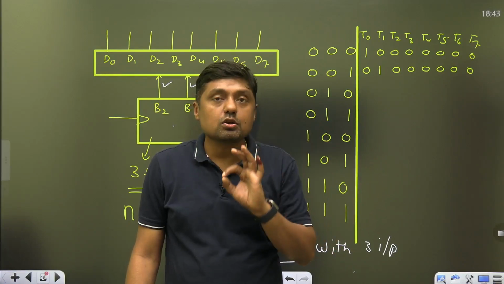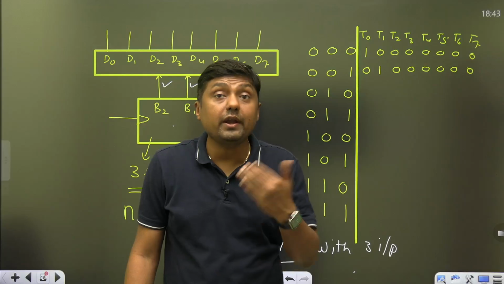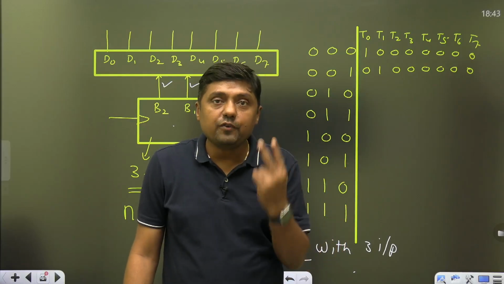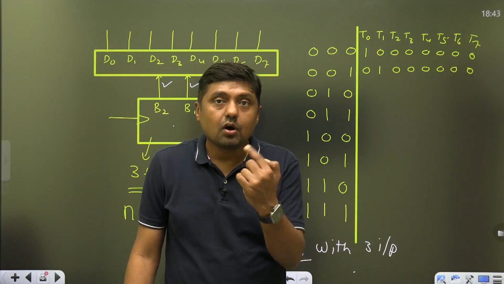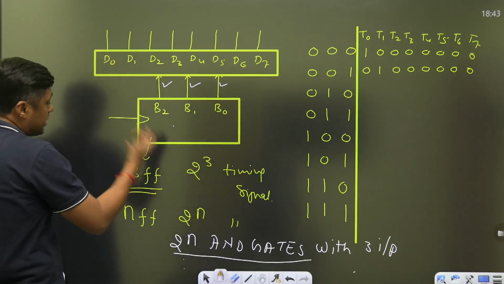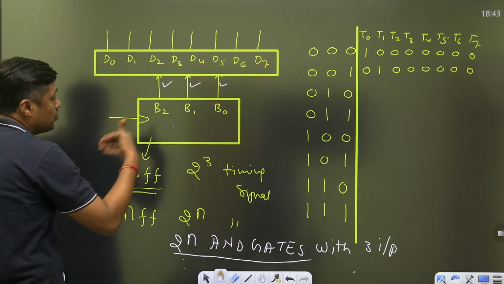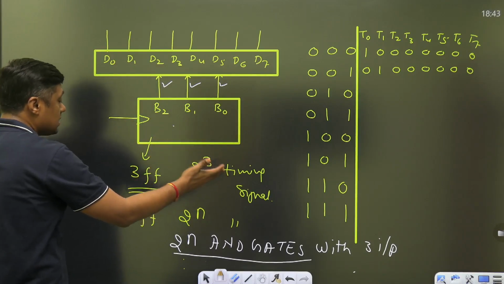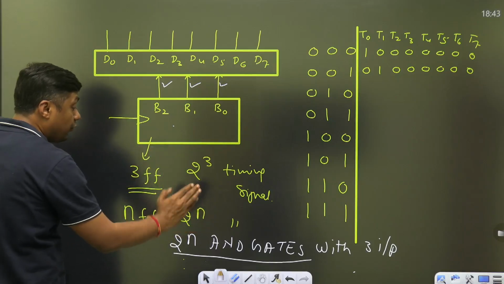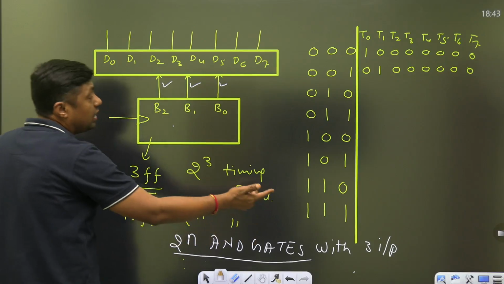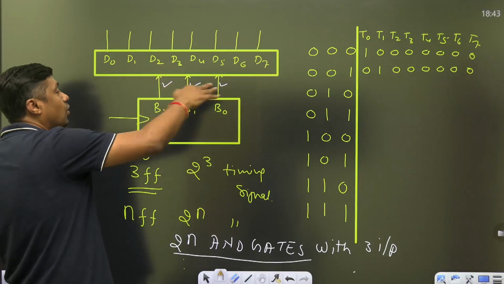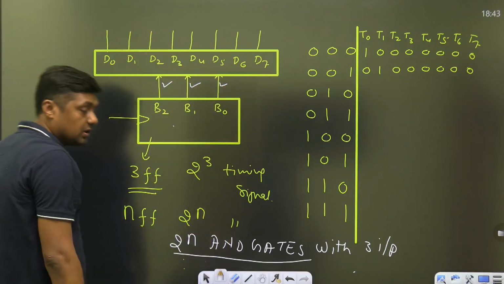In the case of the Johnson counter, n flip-flops, 2n timing signals, 2n AND gates required, with every AND gate having 2 inputs only. In the case of this combination, if you are using n flip-flops, you will generate 2 to the power n timing signals. At the same time, you have to use 2 to the power n AND gates, with every AND gate having how many inputs? n inputs. If it is 3, then 3; 4, then 4; 5, then 5. So that is the case.